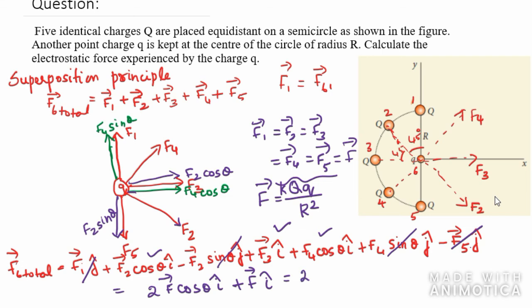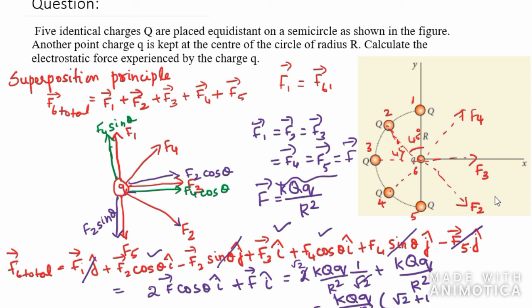So 2 into K Q Q by R square into cos 45, which is 1 by root 2, plus K Q Q by R square. So this is equal to K Q Q by R square into root 2 plus 1.